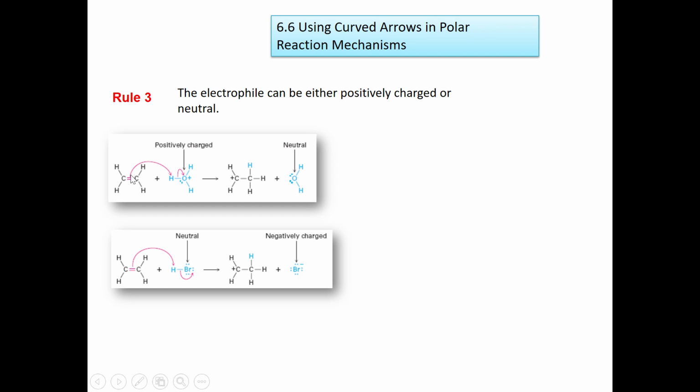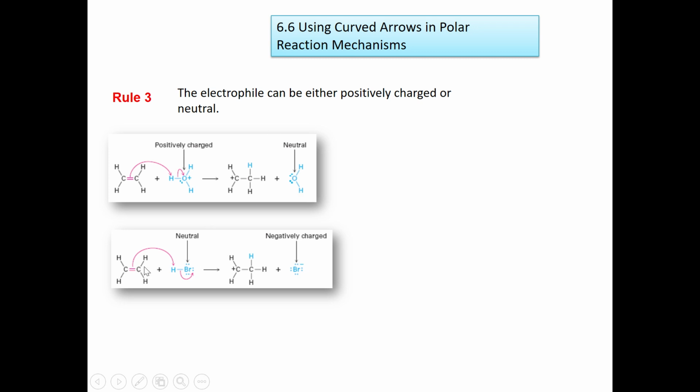That means in this case, the double bond is attacking a protonated water. It's taking the proton, we break the hydrogen-oxygen bond, and we generate the same carbocation as before and neutral water.